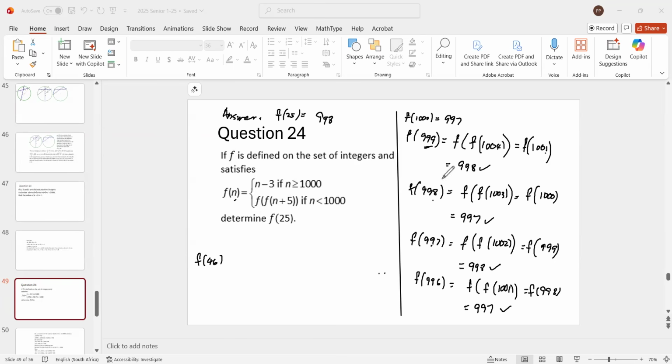Suppose I've calculated all the ones above, and we know that f of odd is 998 for odd numbers bigger than 46, and f of even is 997 for even numbers greater than or equal to 46.